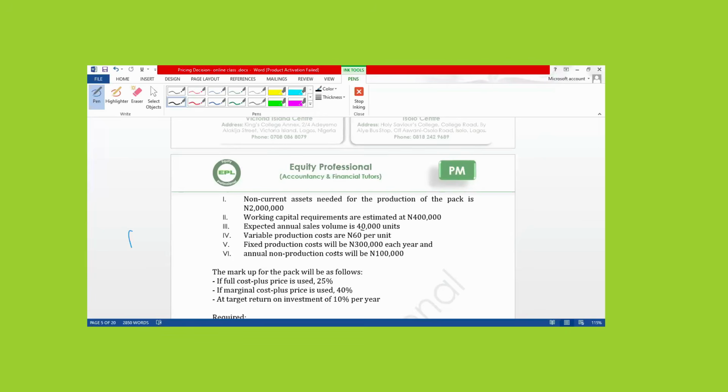Please don't bring in cost of assets. This is investment amount. If you look at the full cost method, it's based on the conventional accounting method, the absorption accounting system.